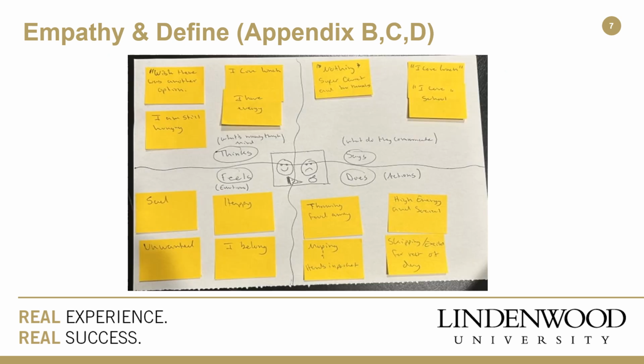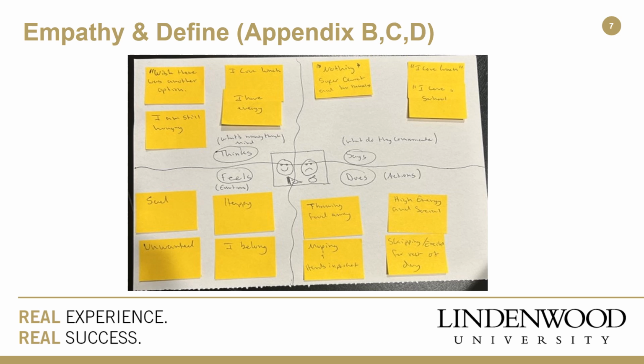In addition, during this process, the researcher developed an empathy map. An empathy map outlined 4 sections during the observation. Those 4 sections were divided into thinks, says, feels, and does.